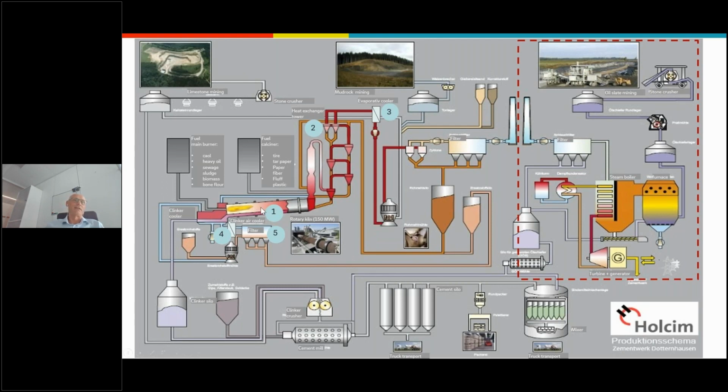I don't know exactly the English word for it. You see here the burner coming from the left, and the material moving from here. You see the pointer from here to the heat exchanger tower, here inside the rotary kiln.